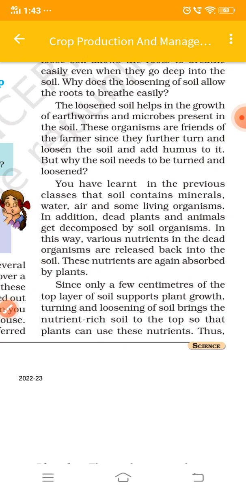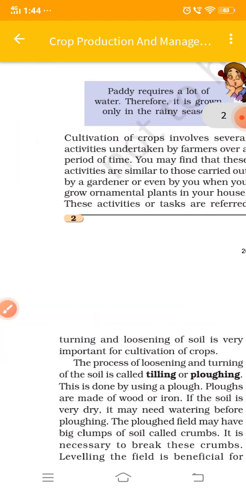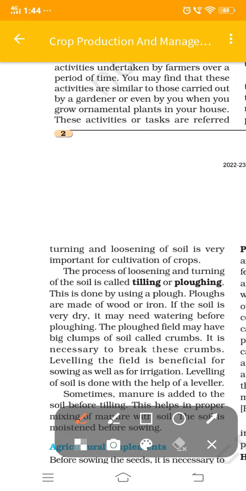That's why plants are mostly grown on it, and that topsoil is about 2 to 3 centimeters, approximately a maximum of 10 centimeters. Only a few centimeters, so that layer alone supports the growth of plants. That's why loosening up the soil will bring the nutrient-rich soil up. Thus, turning and loosening of soil is very important for the cultivation of crops.